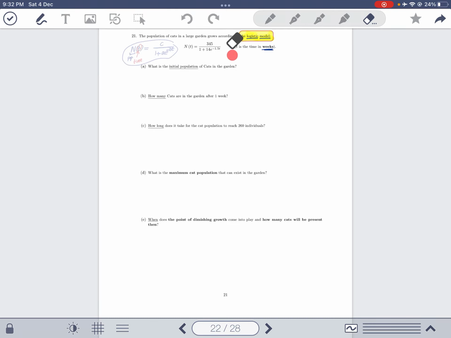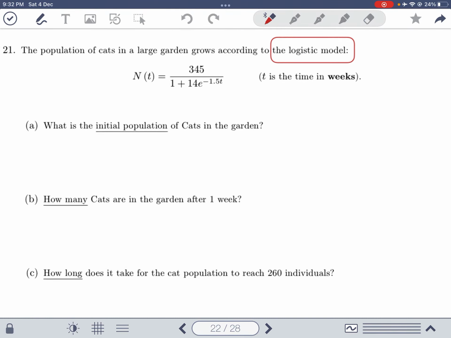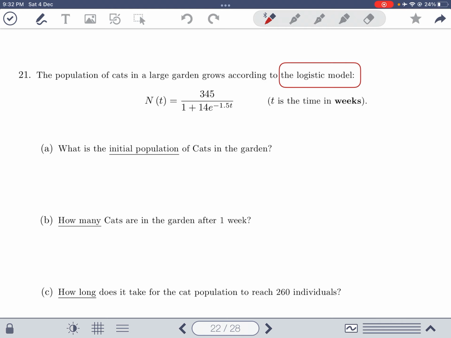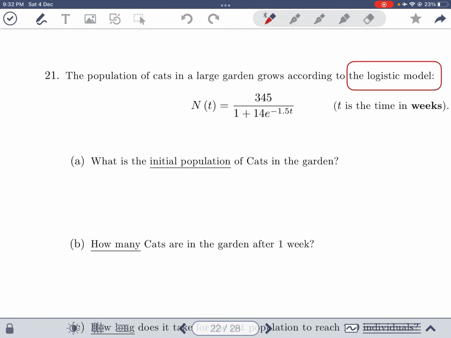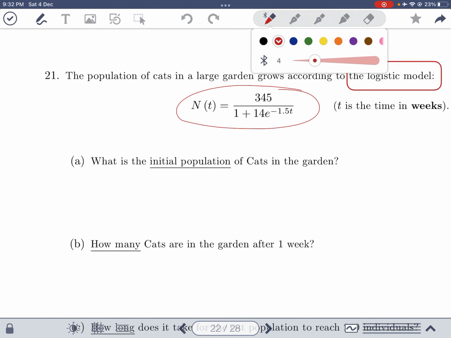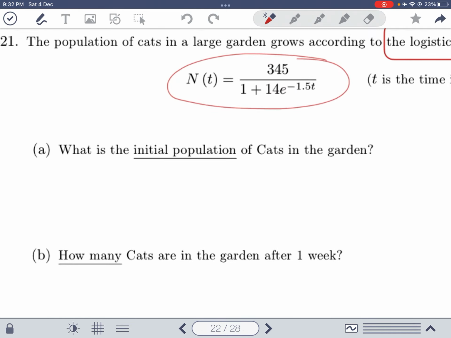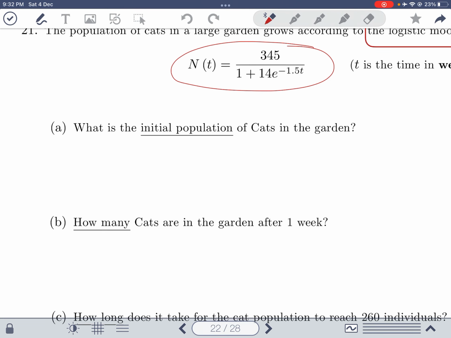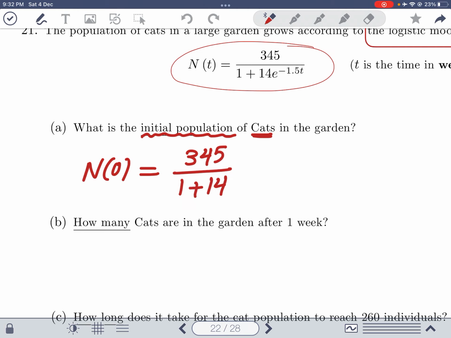This thing that I did at the beginning of reviewing the logistic model is important. So always refer to it before you solve questions like this, so that you remember the process and where these points come from. Now, initial population of cats: immediately you'll say this is n of 0, which is 345 over 1 plus 14. Because in this one, A is 14, B is 1.5, and C is 345.